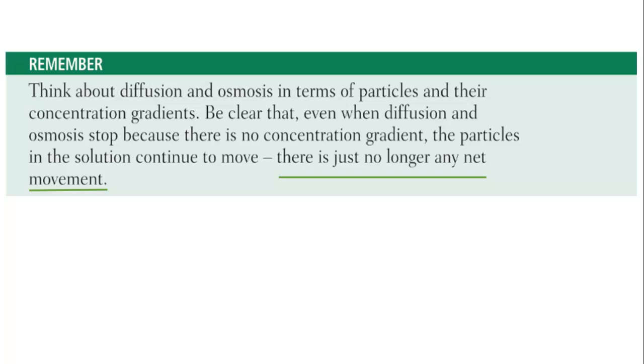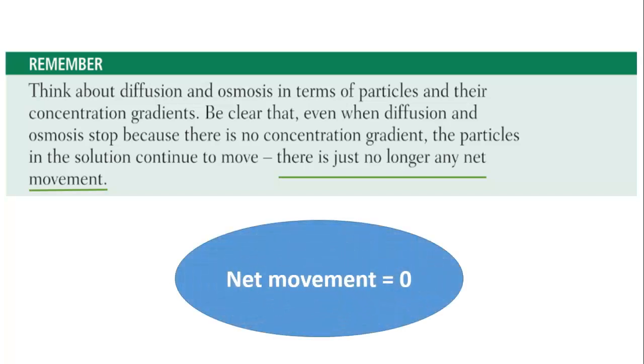No, they will still be moving, but the net movement will be equal to zero, because when one particle moves to a side, an equivalent particle will move to the other side. So the net movement will be zero. 1 minus 1 will always be 0.